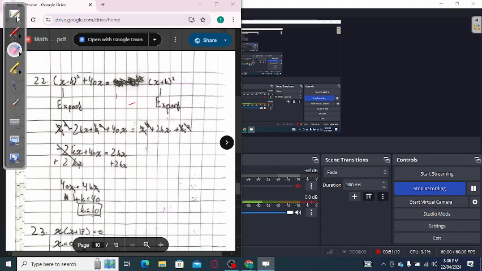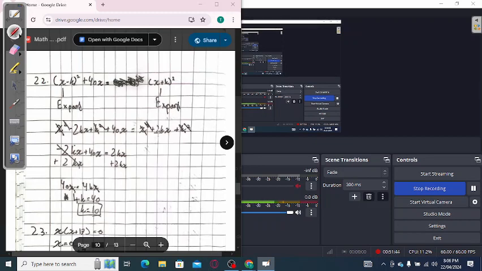So x squared minus 2kx plus k squared plus 40x equals x squared plus 2kx plus k squared. Now you cancel x squared with x squared and k squared with k squared, since same terms on opposite sides of the equation will cancel out.